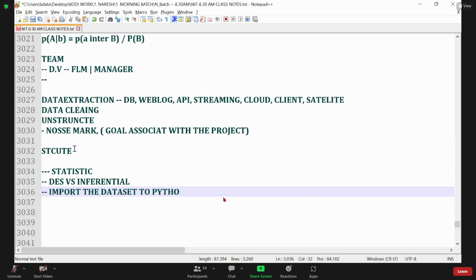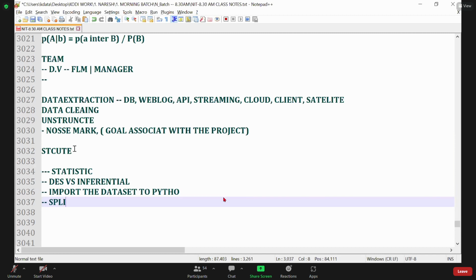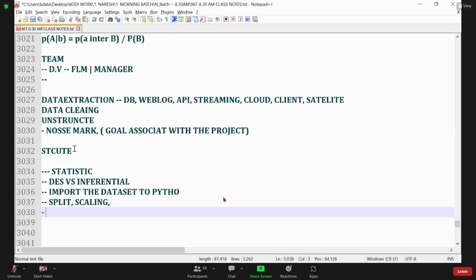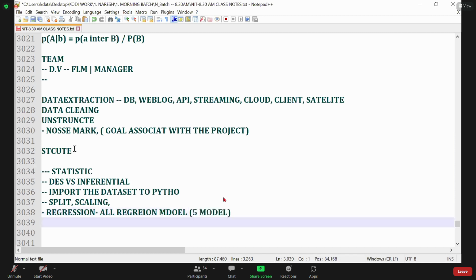Once we import the dataset into Python, the split is mandatory, scaling is mandatory, and then if it's regression, implement all the regression models, like the 5 models we discussed. If it's classification, you can implement 5 classification models.